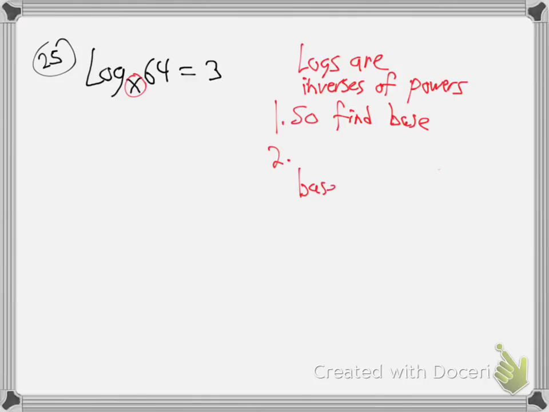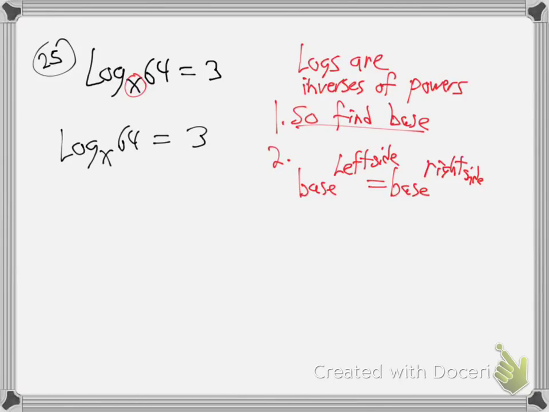Second step is you put that base on both sides. You put the left side and the right side in the power. So what's the base? It's x. So find the base, x. There it is. There's the base. Let me rewrite this.